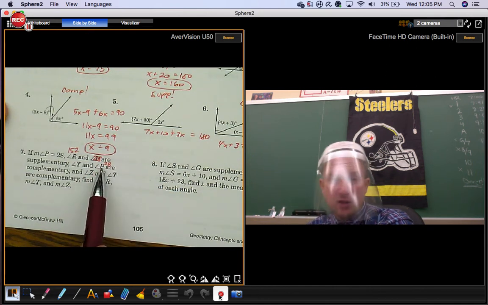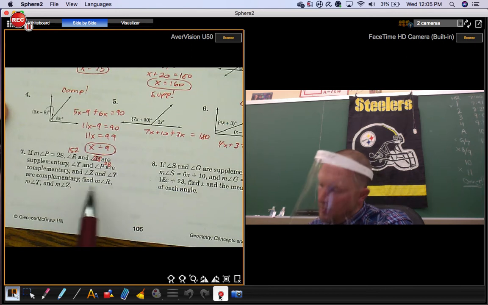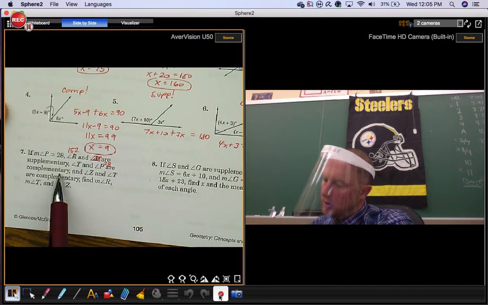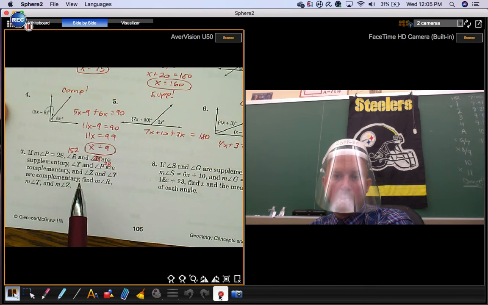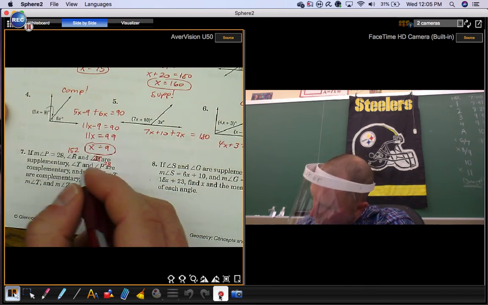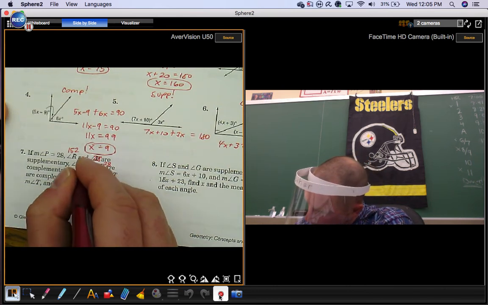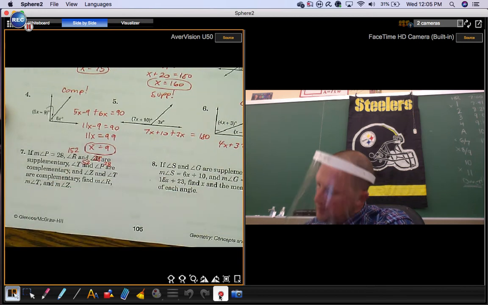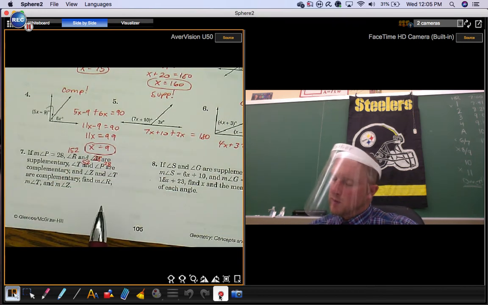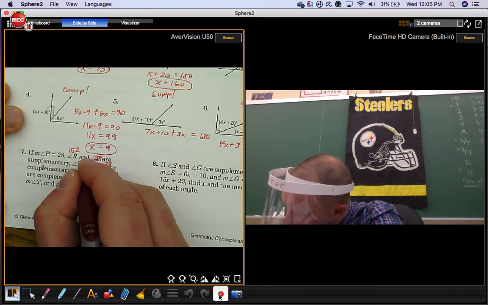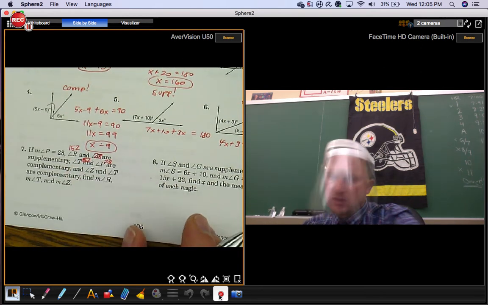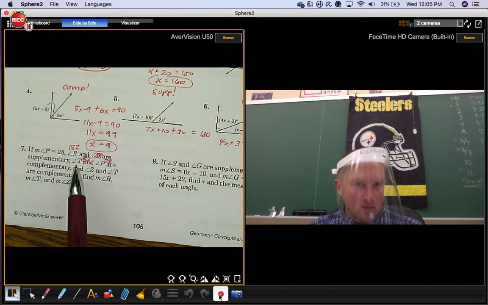Okay, now angle P, remember, is still 28. Angle T and angle P are complementary. So that's a different relationship. That means they add to 90. So what adds with 28 to give you 90? 62, how about that? 62 and 28 give you 90.